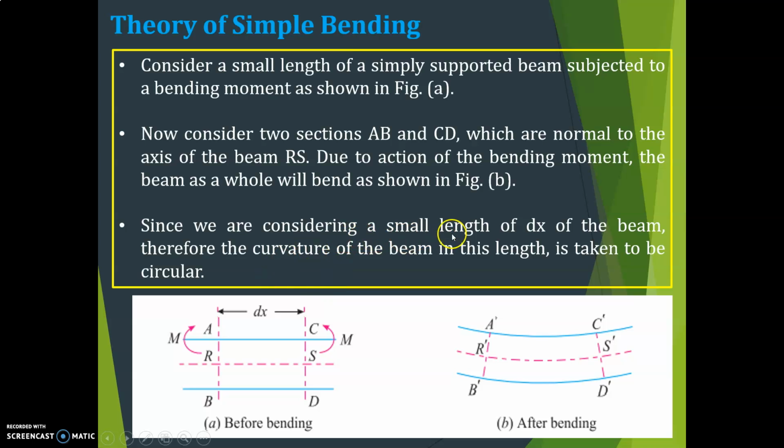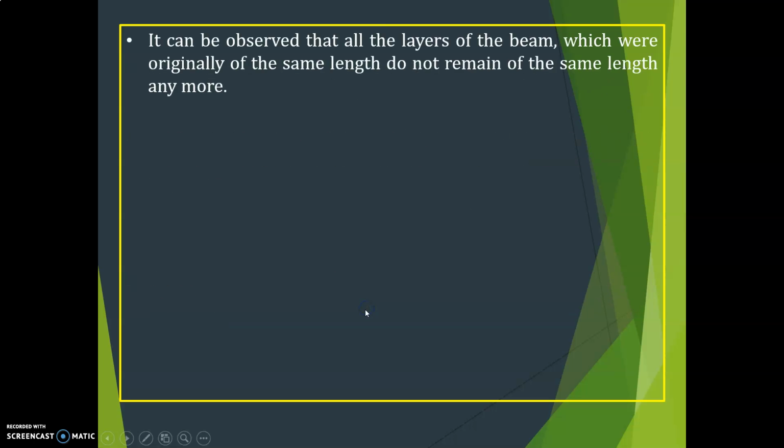Since we are considering only a small length dx of the beam, the curvature of the beam in this length is taken to be circular. It can be observed that all the layers of the beam which were originally of the same length do not remain the same length anymore.